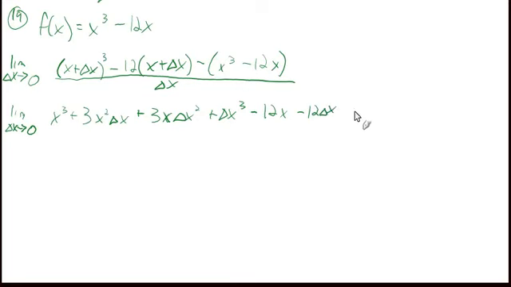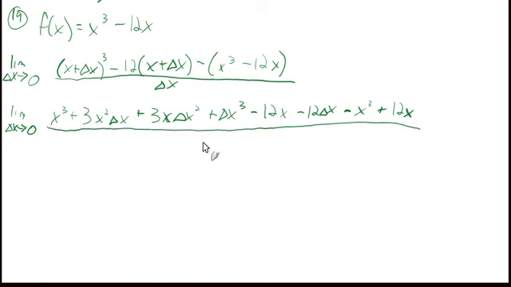These things can get rather large. The good news is, though, once you expand it out like this, you can bet that a lot of stuff is going to cancel.